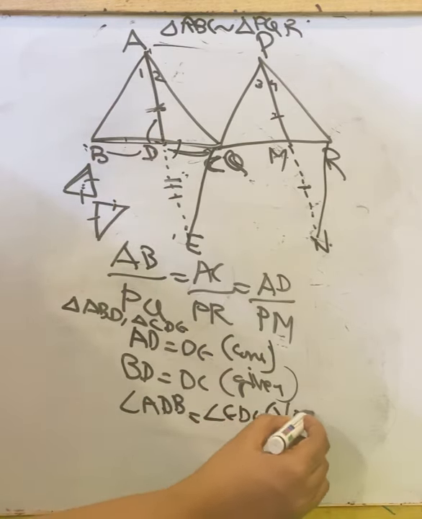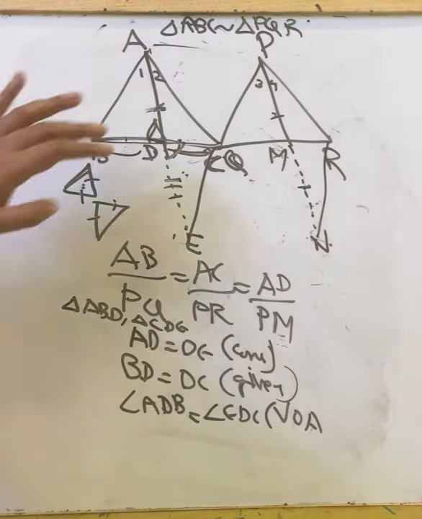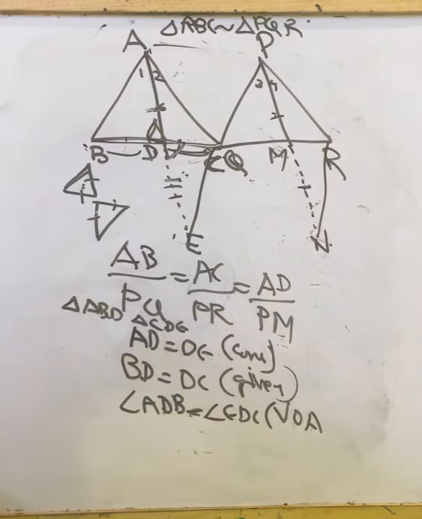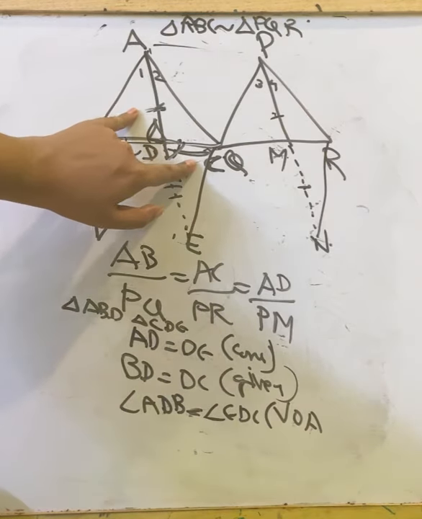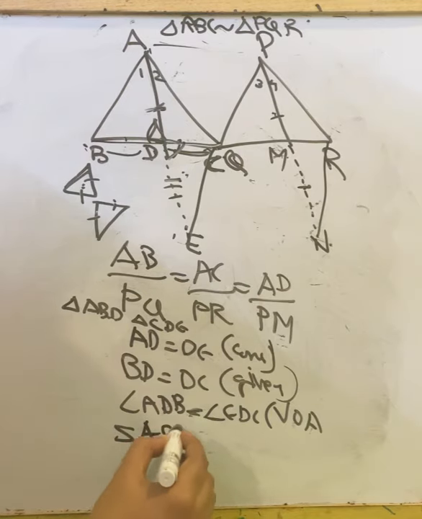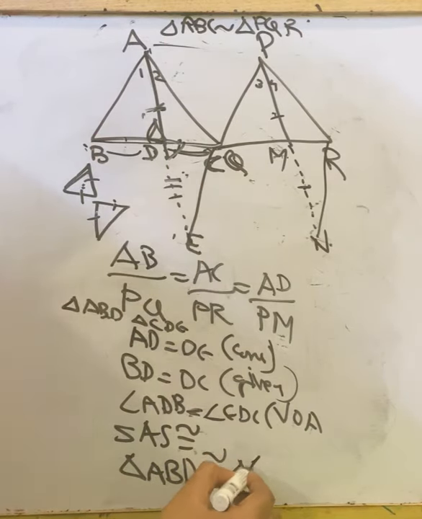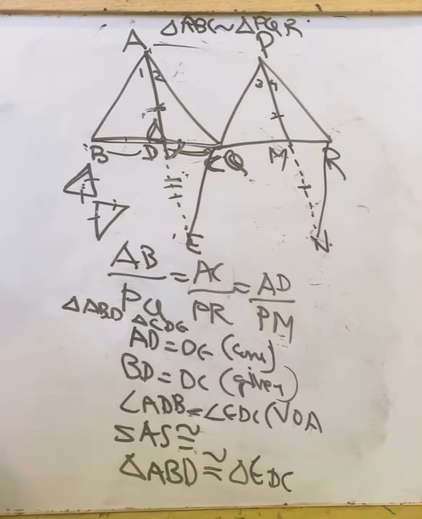Vertically opposite angle here and here. According to SAS congruency, we can say these two triangles are congruent. So SAS congruency, we can say triangle ABD, that is upper triangle, is congruent to triangle EDC. These two triangles are congruent.